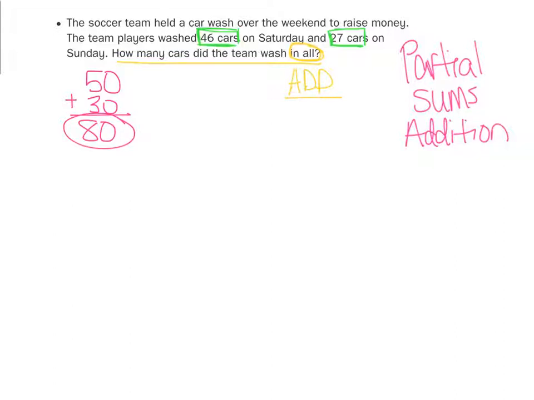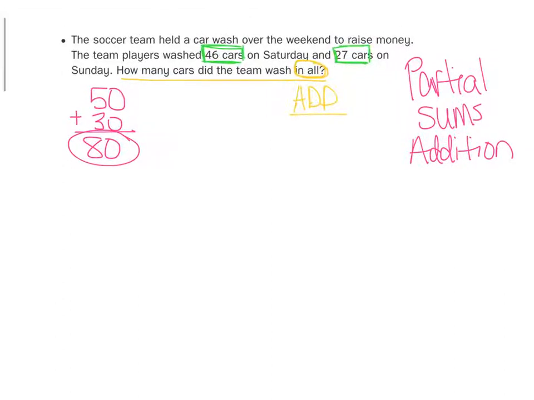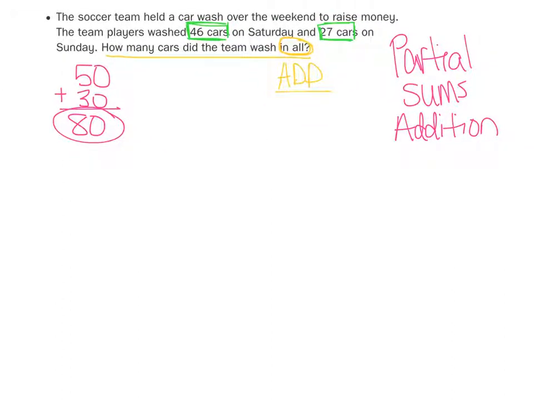So now it's time to solve the problem. So I'm going to go ahead and rewrite it. I know that I need to find out how many cars the team washed in all. Okay, they washed 46 cars on Saturday plus 27 cars on Sunday. So I need to know how many they washed in all. Using partial sums addition, I'm going to go ahead and solve that problem.